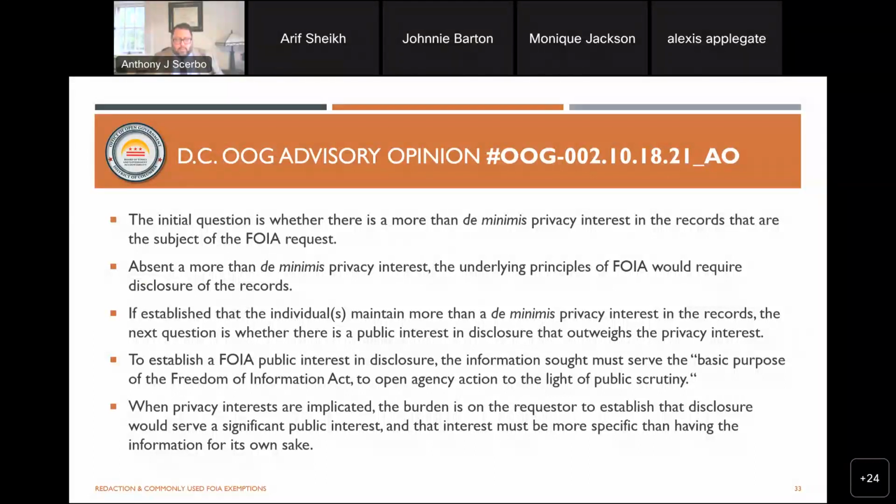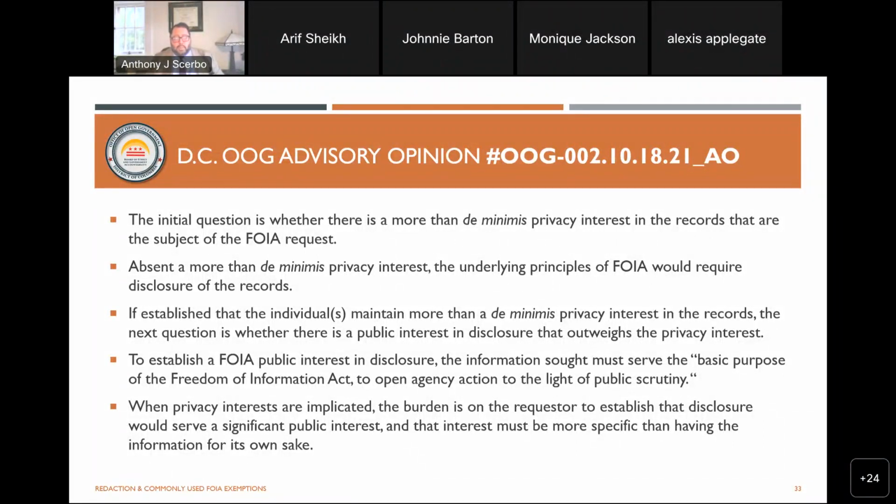And then if it's established, the next question is whether there's a public interest in disclosure that outweighs even the existing privacy interest. To establish a FOIA public interest in disclosure, the information sought has to serve, quote, the basic purpose of the FOIA to open agency action to the light of public scrutiny.